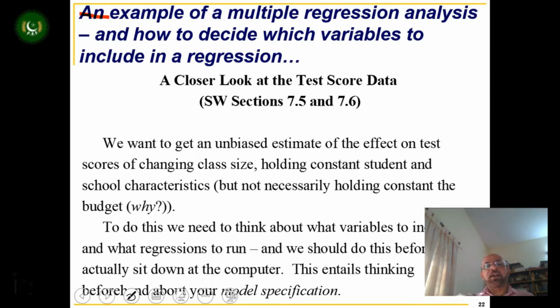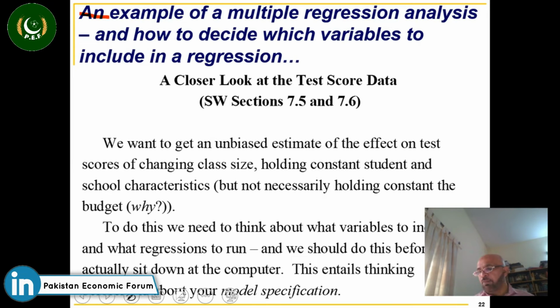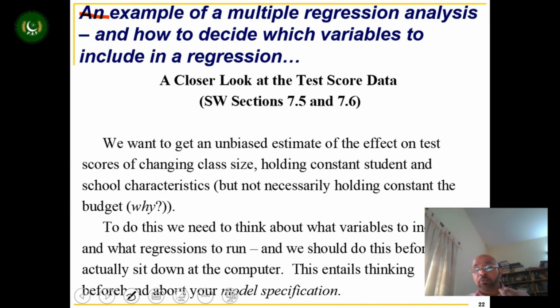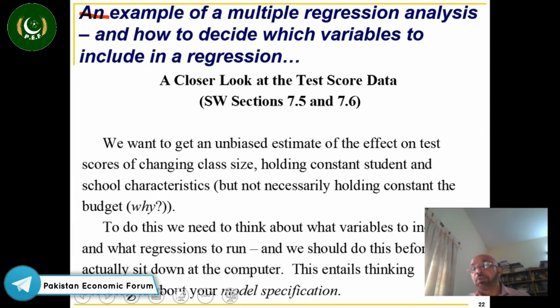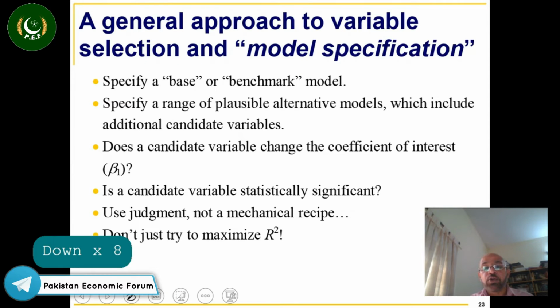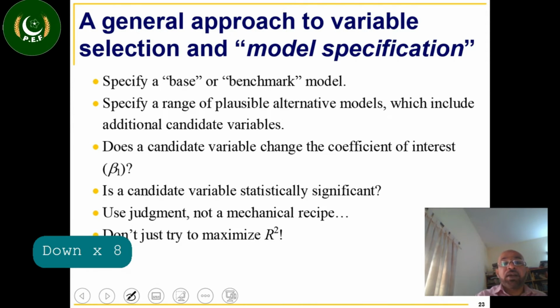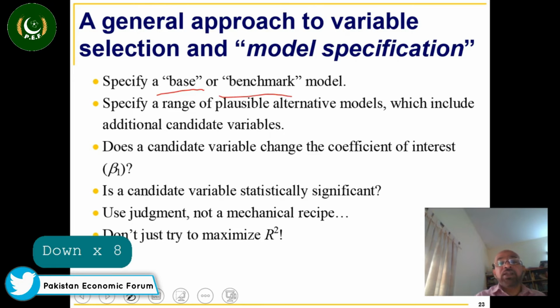We'll also take that data from Wooldridge's book on econometrics in our next video on empirical analysis. So please, first of all, consider these things carefully before you go for calculating. Specify a base model, or benchmark model.